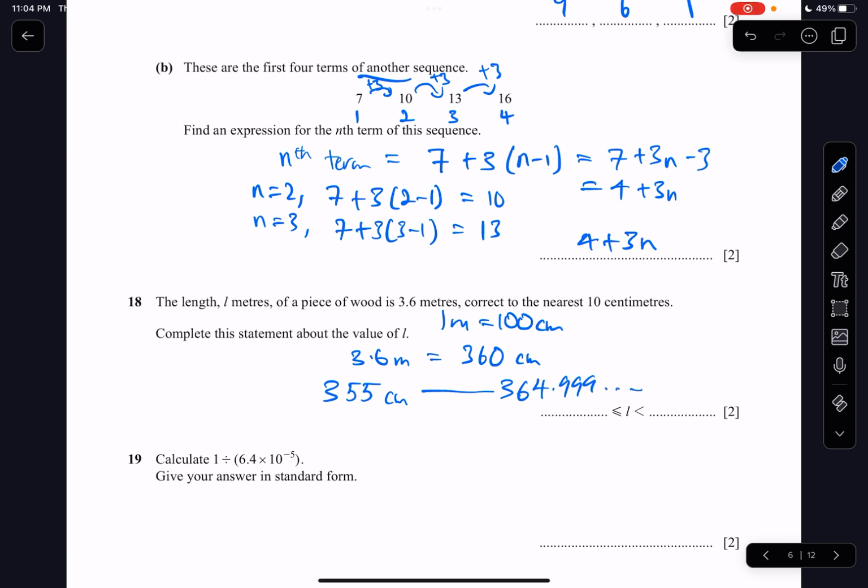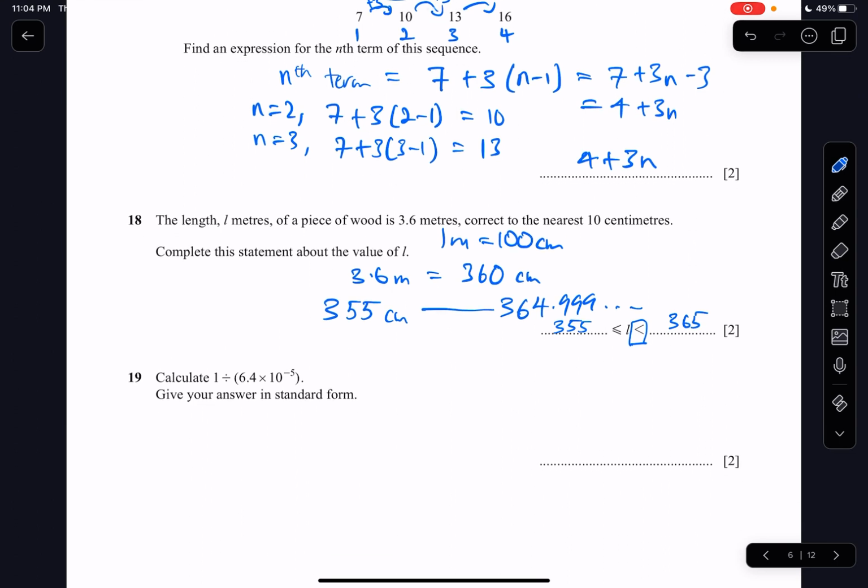It is a strict inequality at the upper end, so I can safely put 365 here and 355 here, because 365 is not included in the value for L. Great.